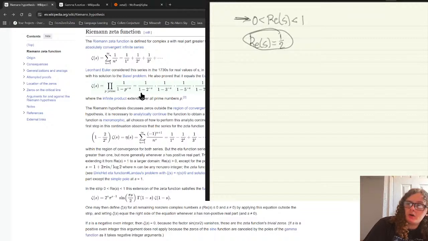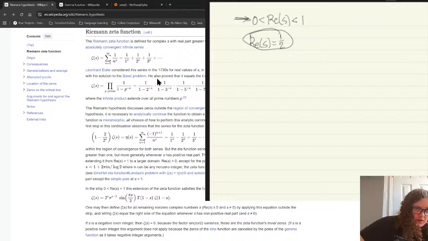between real part 0 and 1, then that would mean, I think, that one of these components has to be 0, because the complex numbers form a field, right?